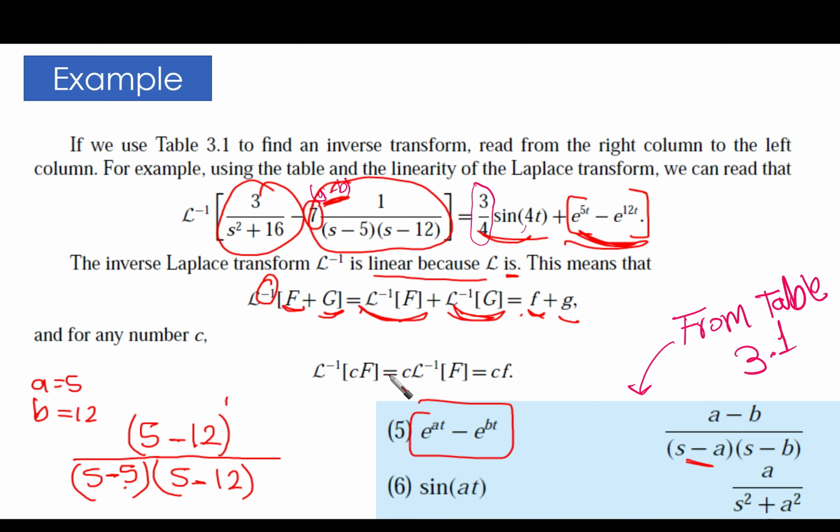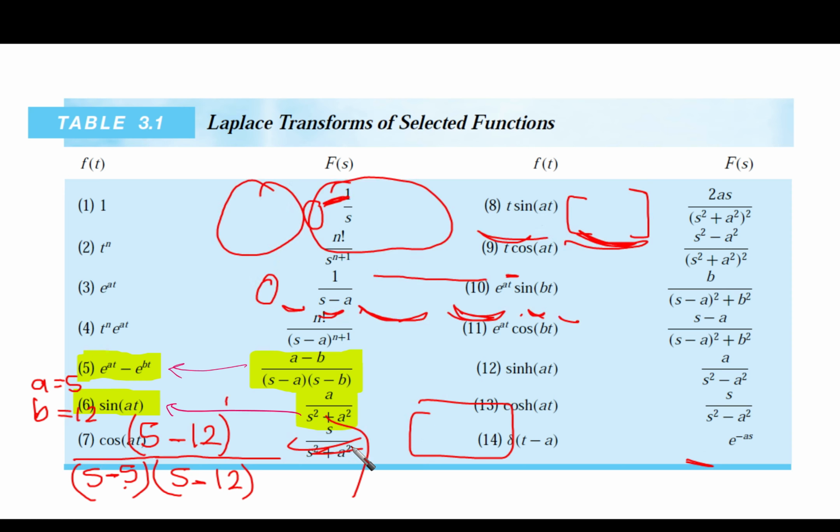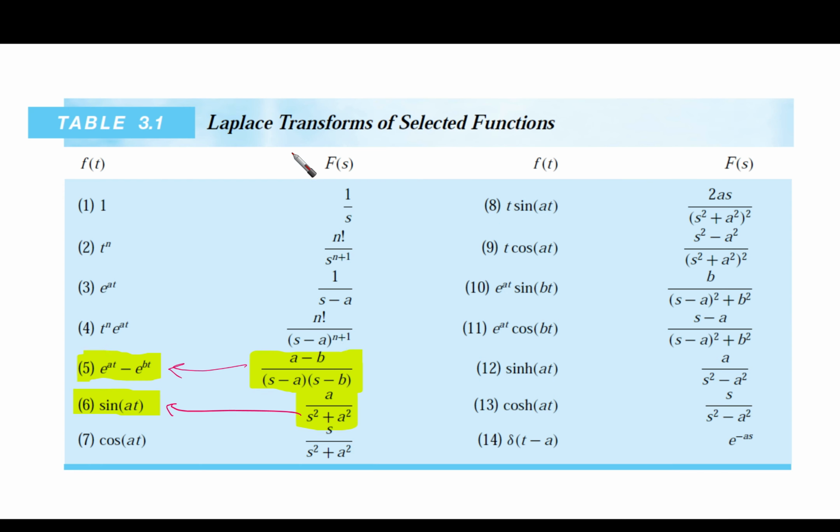Okay? So now this is how it works for us and how you are going to use the table. Okay, now let's go to, and you can find it in the table as I said, entry 5 and 6.